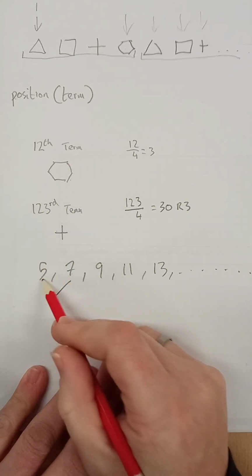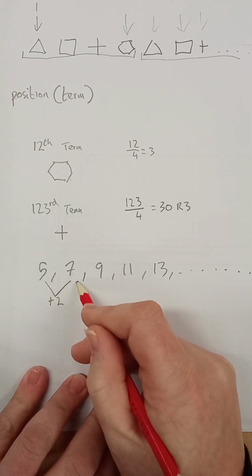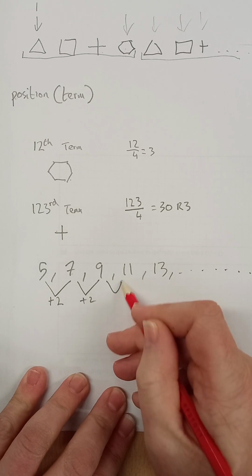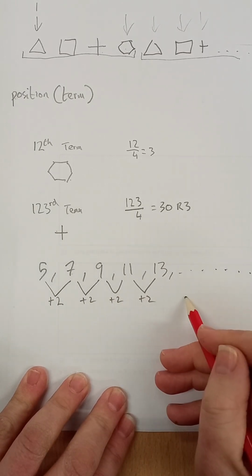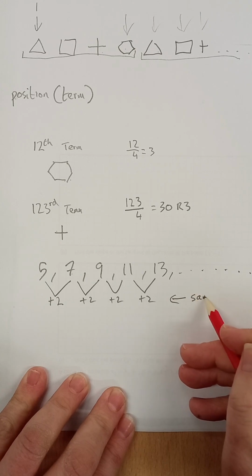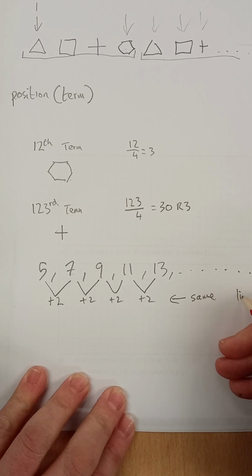If I take away the 2 numbers, I have to add the same number to get the next. This is the same, so we call it a linear pattern.